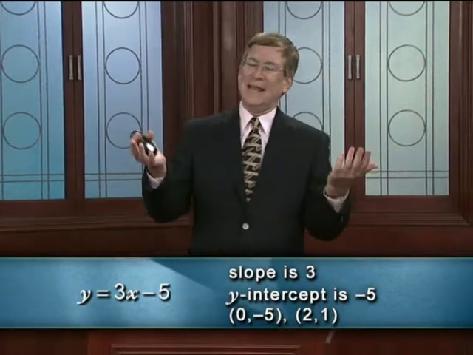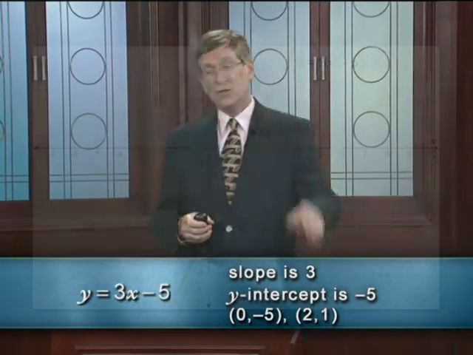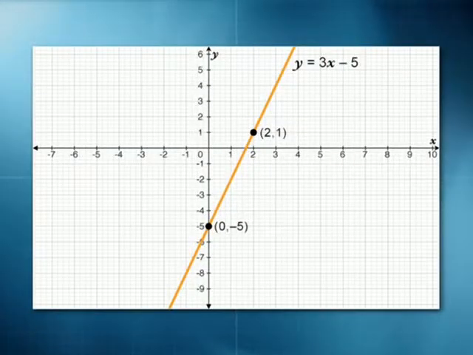And then we could, let's say, let x be 2, and if you plug 2 in, you get y to be 1. So both those points are on the graph, and then you join those 2 points with a straight line, and you see the graph of the linear function, the polynomial of degree 1, 3x minus 5.